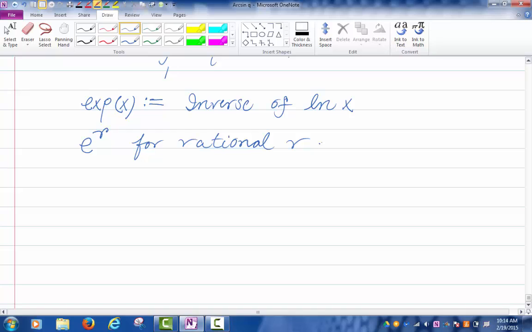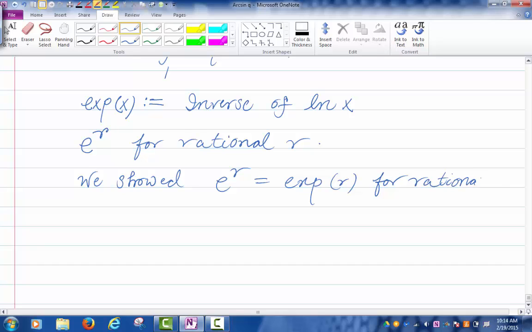And then I said, because e to the r and exp of r agree for rational r, if I have an irrational number like root 2, I'm just going to define it to be the value of the exponential function at root 2. It makes sense to make that definition because e to the r and exp of r are the same for any rational r.